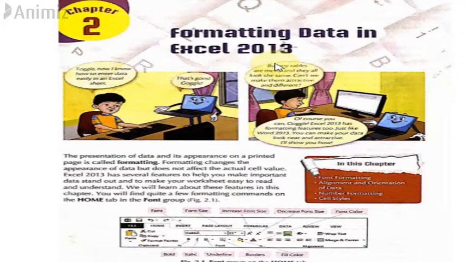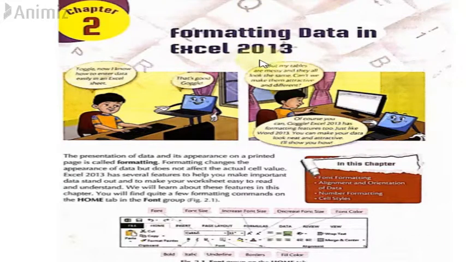Then there were some changes made to it, then a new version, then more changes and a new version was developed, and so on and so forth. So the version of the Microsoft Excel application program that we are going to be using is called MS Excel 2013.